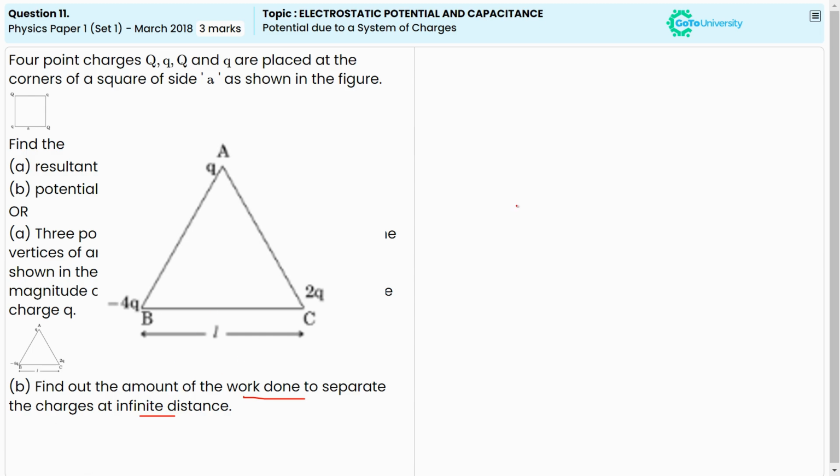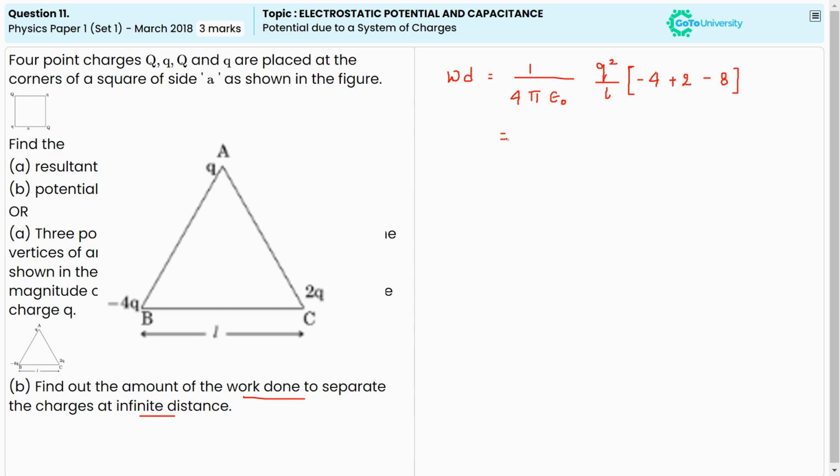That is, work done is equal to 1 upon 4 pi epsilon naught into Q square divided by L times, here the values they are given, minus 4 plus 2 and 2 times F1 F2 cos theta, that is 2 times 4 but minus 8.